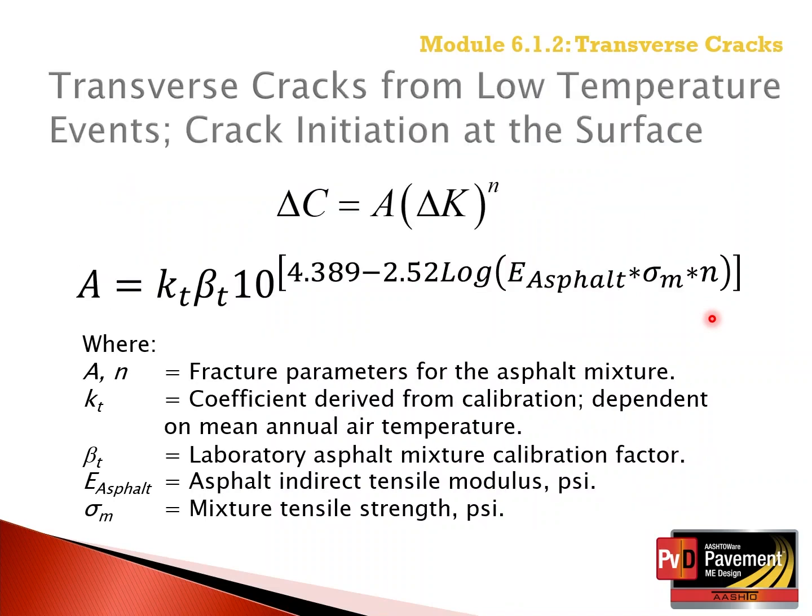Thus, the propagation of crack depth, or delta C, is defined by the change in the stress intensity factors, delta K. The A and N variables are the fracture parameters of the fracture mechanics approach to estimate the change in crack depth and or speed at which the cracks propagate through the asphalt layer with the application of continued cooling cycles.